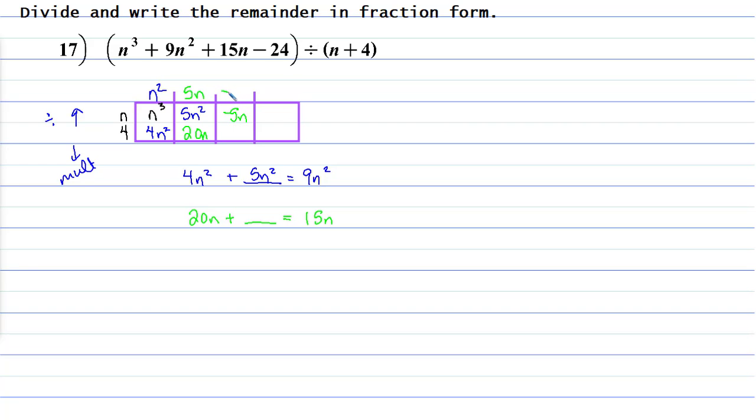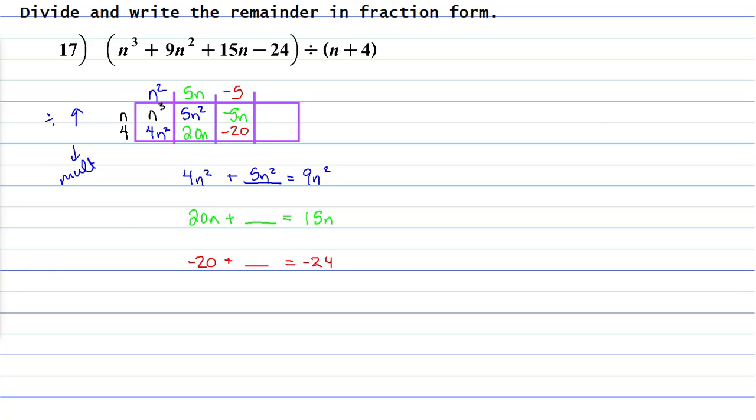Divide to go up, negative 5. Multiply to come down gives me a negative 20 plus something is equal to negative 24.